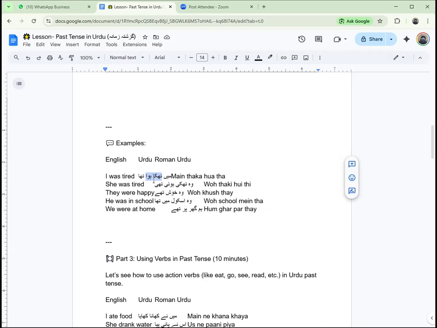I explained in the previous lesson that the root word mostly ends in na. So hua means this action happened. We can't translate each and every word. When we translate into another language, we adjust the words.